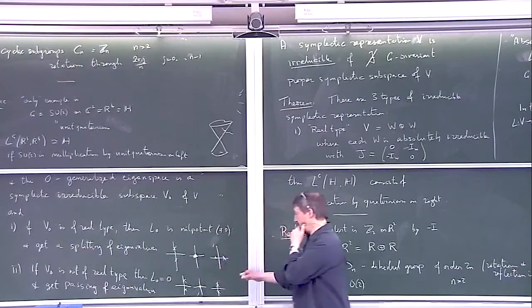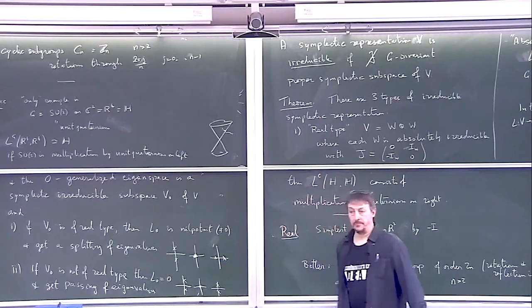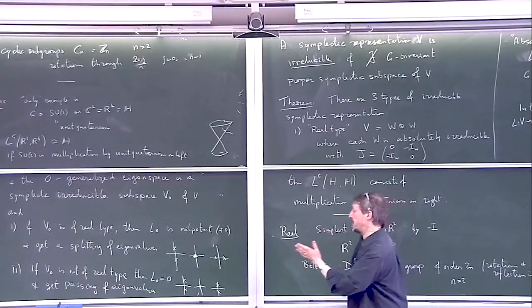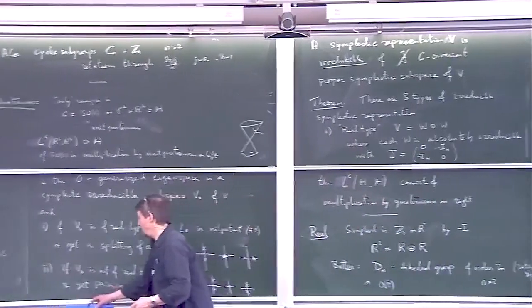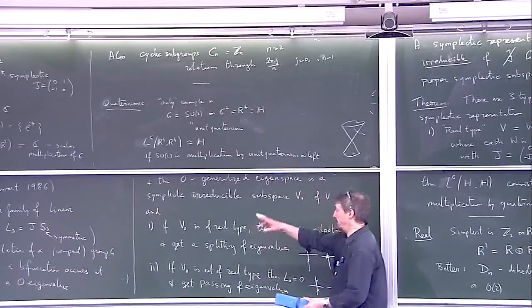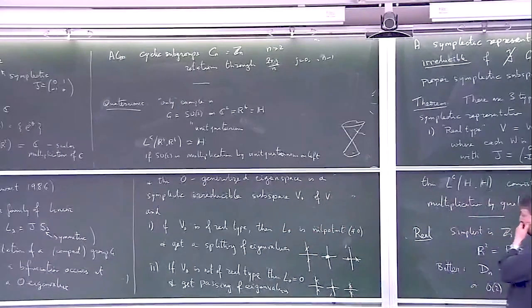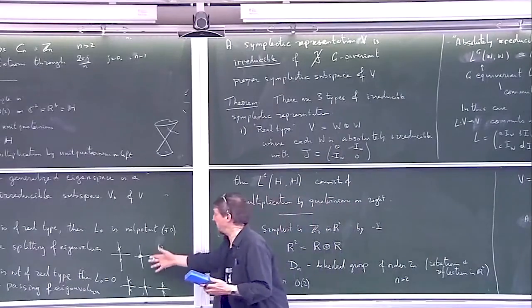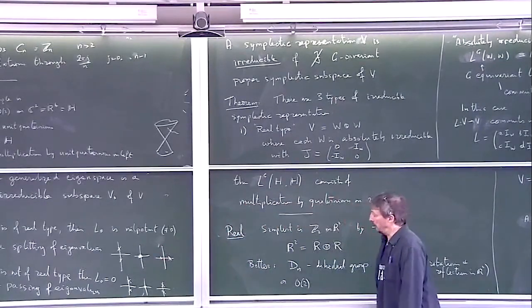No, they can't be real. So you get the passing like this. If they were real, you'd have a real eigenspace, and that would be contradictory to having complex type. So the type of representation is reflected in the type of behavior you get for the eigenvalues.